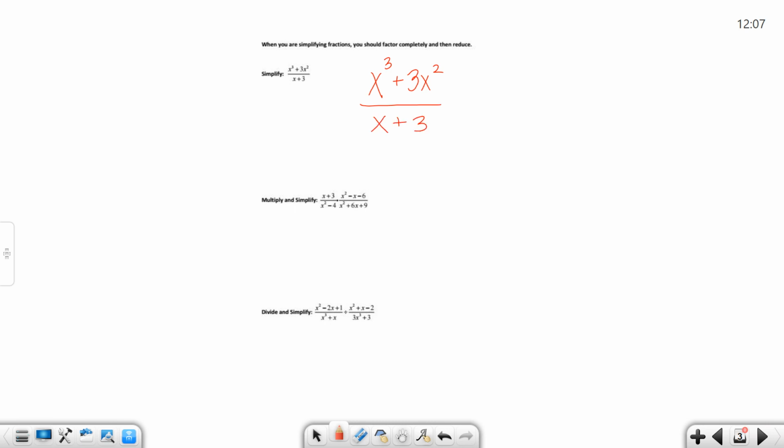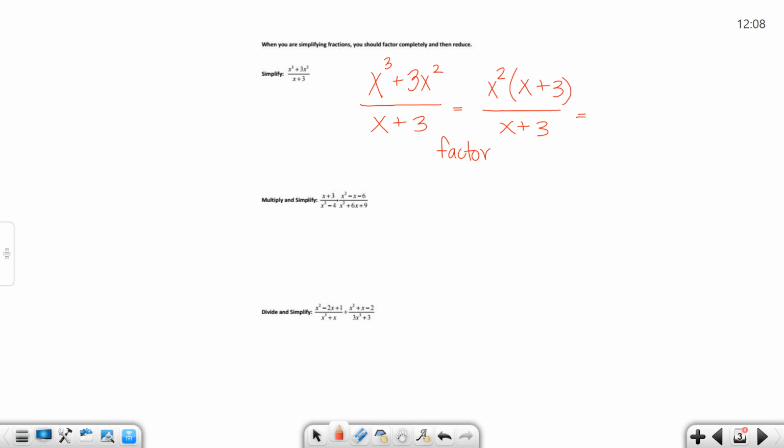You cannot cross out the pieces, so when you get ready to work this one, you have to factor first. The denominator does not factor. The numerator does factor. It has a greatest common factor of x squared, so we can take an x squared out of that, and it leaves me with 1x left over plus 3.